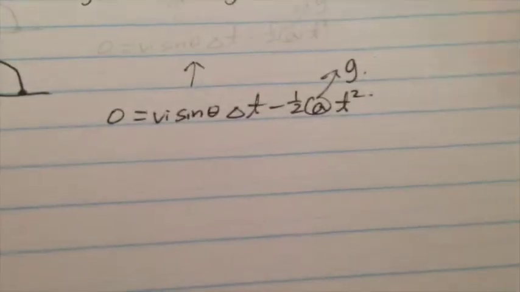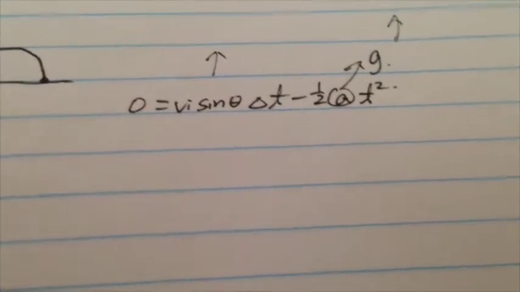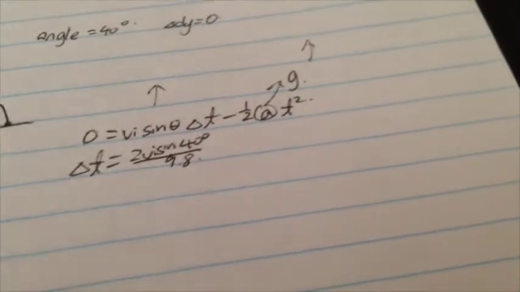The sine theta here symbolizes that it's the y direction. The a here will be replaced by g because the only vertical acceleration is g. And we'll isolate for t. t equals 2 Vi sine 40 degrees divided by 9.8. And this is the equation.